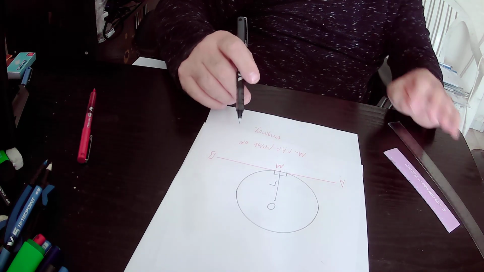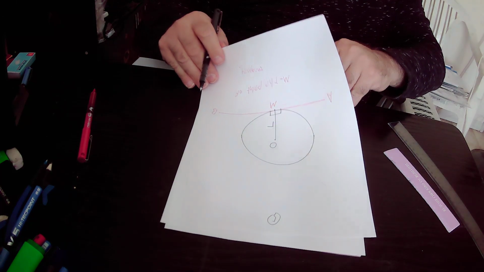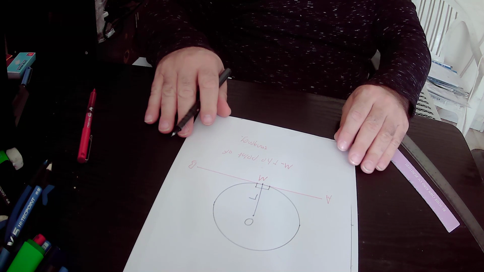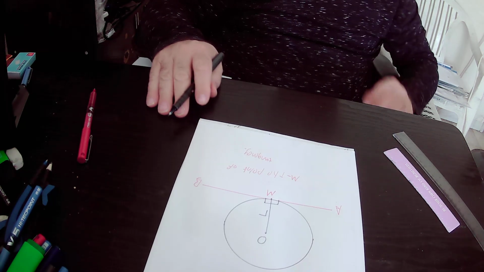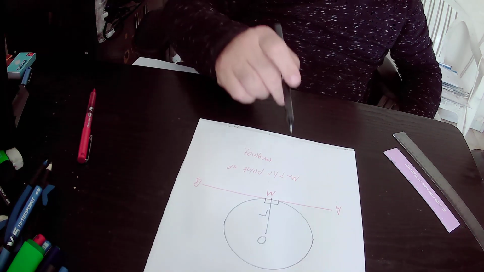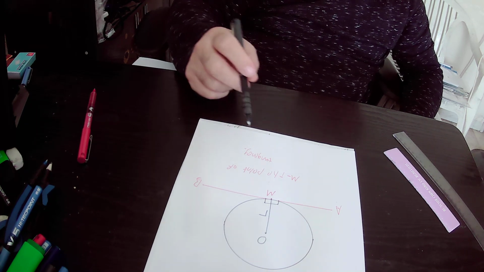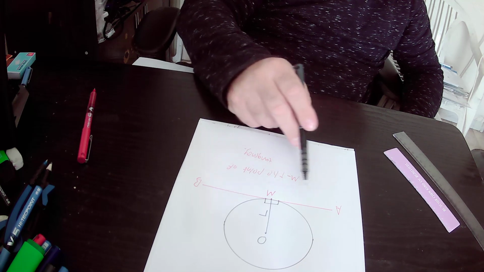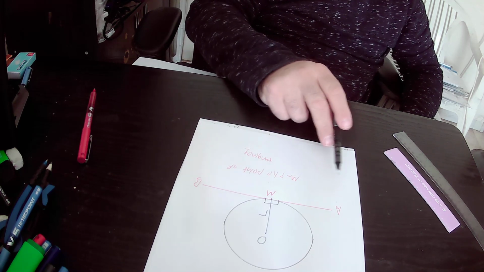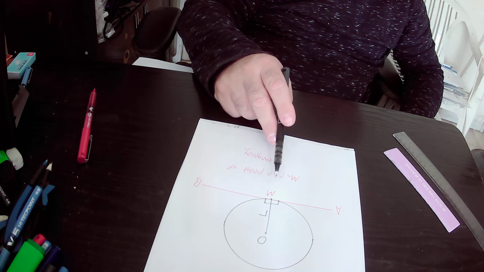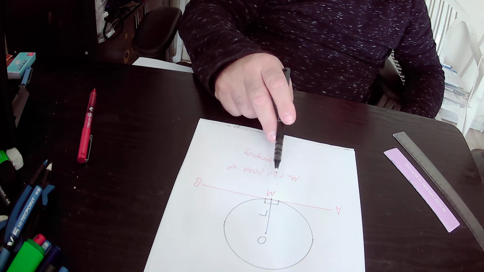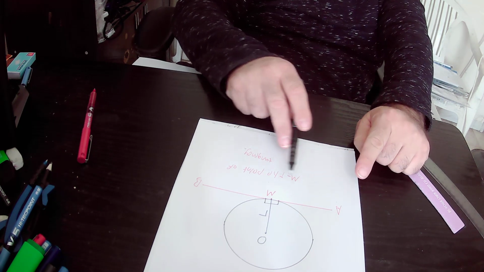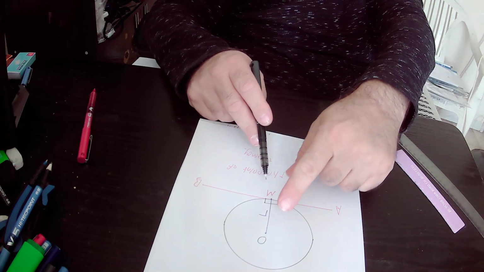So I'll repeat again. Whenever you have a radius drawn to the point of tangency, like in this drawing where the radius is drawn to point M, the point of tangency of tangent AB with the black circle, then according to rule number 2, this tangent AB will be perpendicular to this radius.